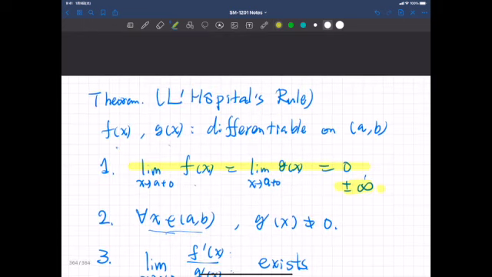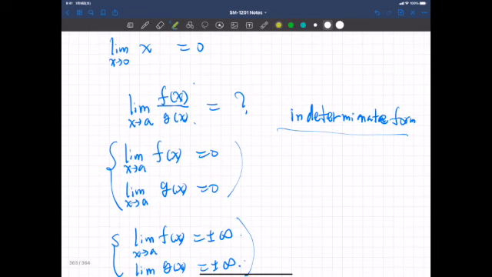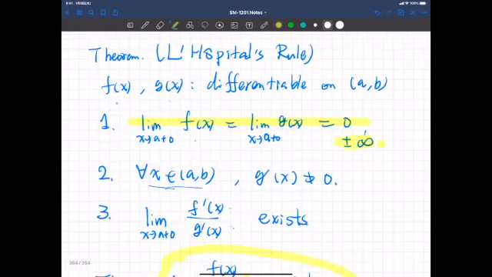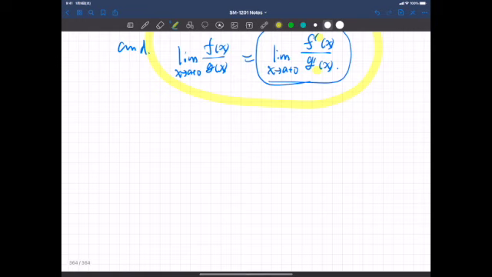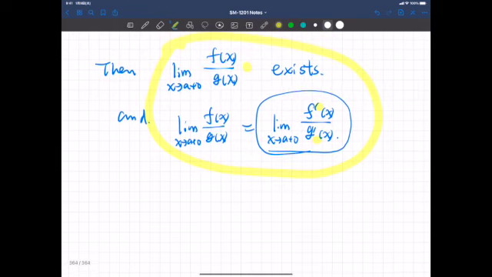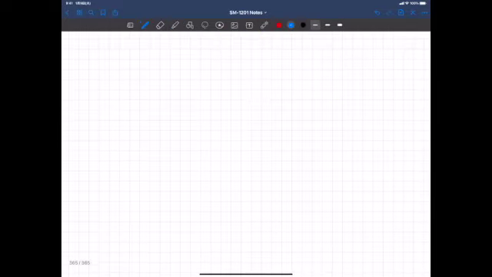In this way, we may be able to calculate the limits of indeterminate forms. We don't give the proof of L'Hopital's rule at present, but later we'll give it. We first study how we can use this rule. And here is a simple corollary, which we call L'Hopital's rule number 2. So here's another L'Hopital's rule.